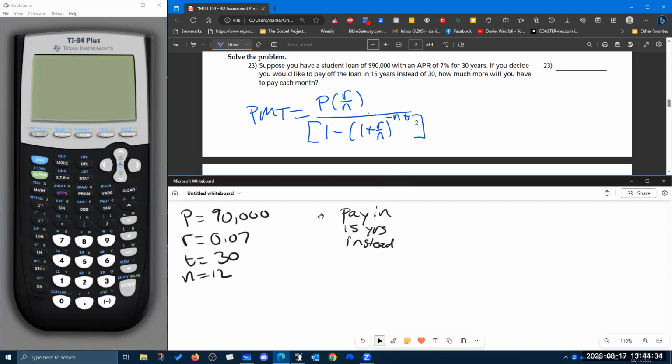So we're going to calculate that in both situations to see what the monthly payment would be for the original 30-year term, and then we're going to see what we would have to pay to pay it off in 15 years.